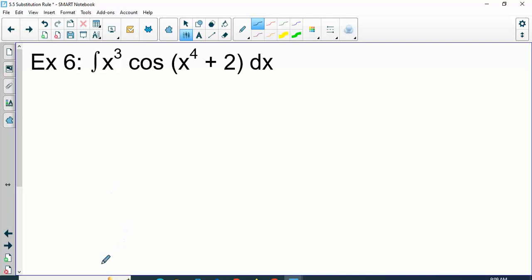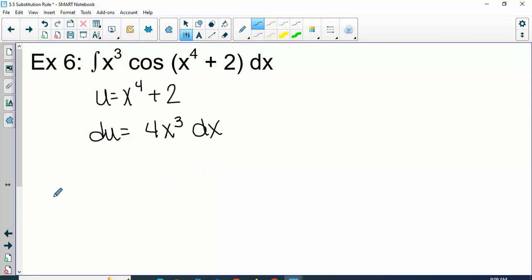Last one. What is my u? Du. X to the fourth plus 2 will turn into my u, so we get a cosine of u.